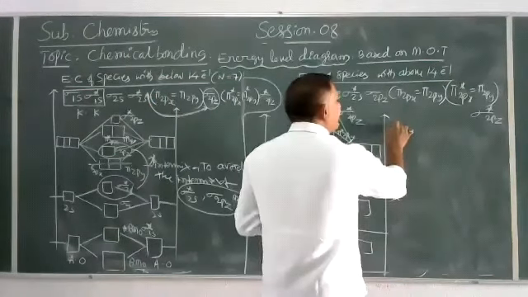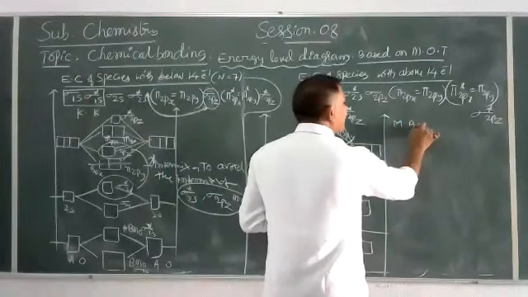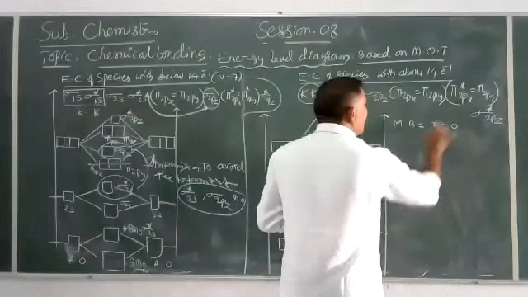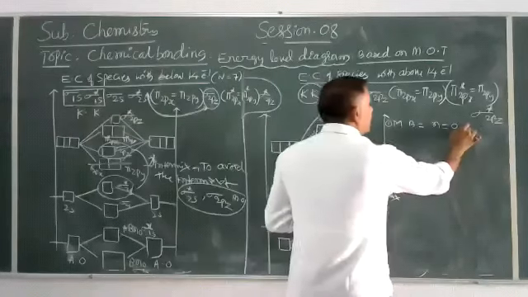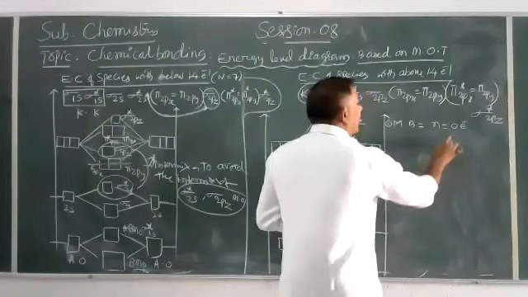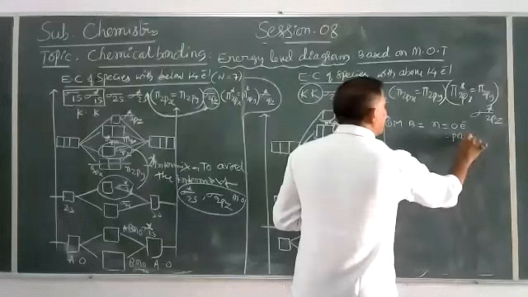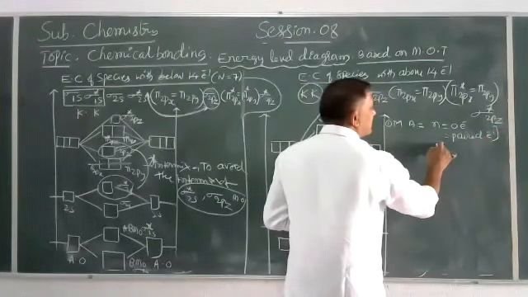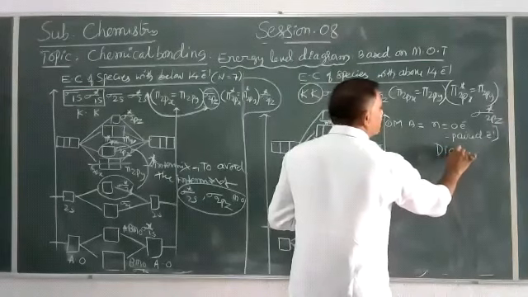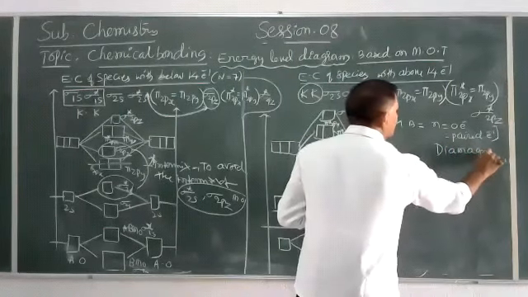Now, magnetic behavior: n equals 0 means the number of unpaired electrons is 0. Orbitals are either vacant or completely paired. In such cases, they are generally diamagnetic in nature.